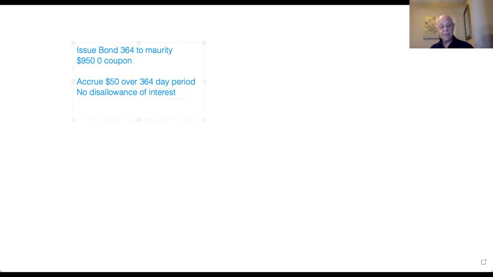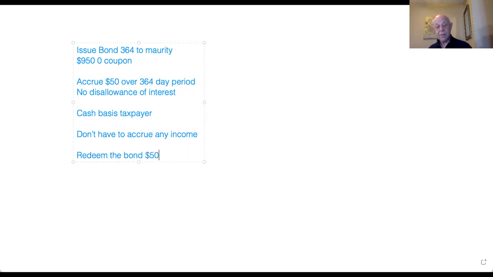If I'm a cash basis taxpayer, I don't have to accrue any income. And when I redeem the bond, I have $50 of ordinary income. So all the income, though, is ordinary.